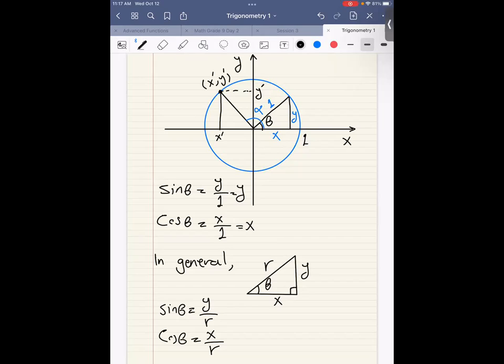So for alpha, we do the same thing. So sine of alpha is basically equal to what? Is equal to y prime, right? And cosine of alpha is equal to x prime.